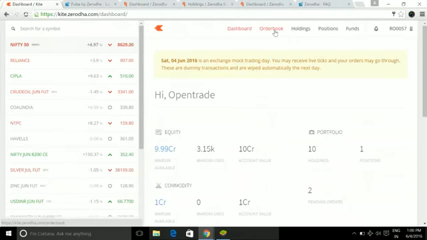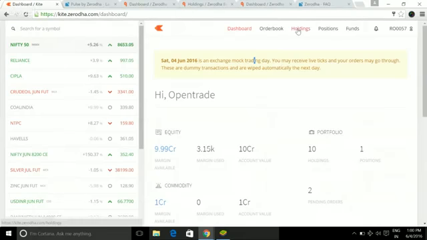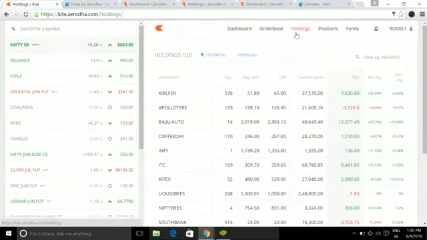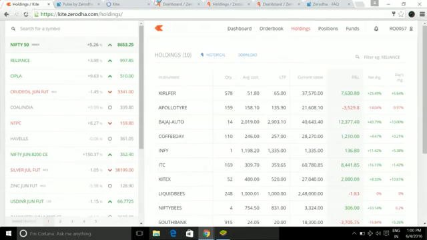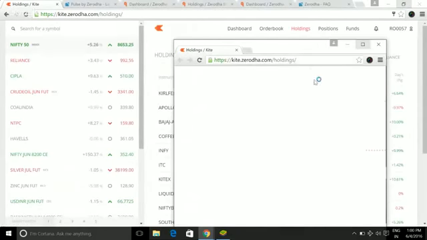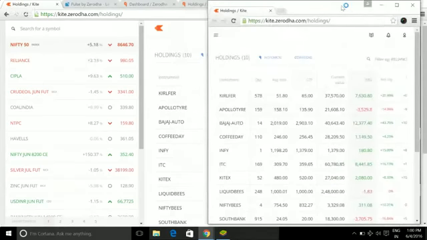If you want multi-screens, all you have to do is right click on each of these windows and open it as a separate tab. If you don't want it within the layout, just click on it and say open link as another tab, right? And you can arrange your holdings like this. If you have a multi-monitor setup, you can just pop out each of these tabs.